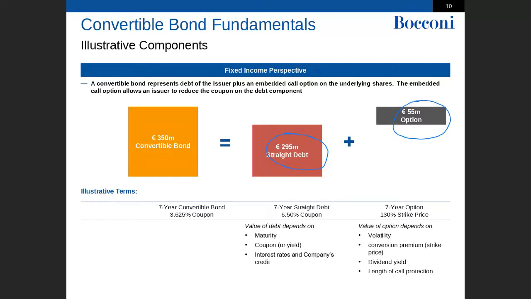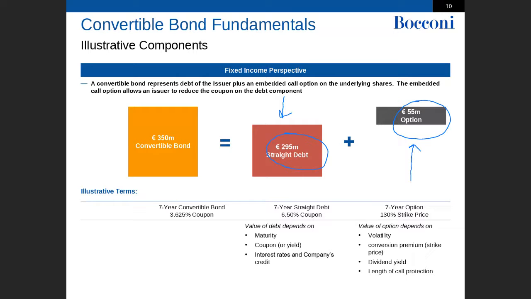And the fatter, richer, juicier the option, the lower the value of the debt. So the more optionality you provide in the call, the more you enrich the equity content of the bond, the lower the value of the straight debt.